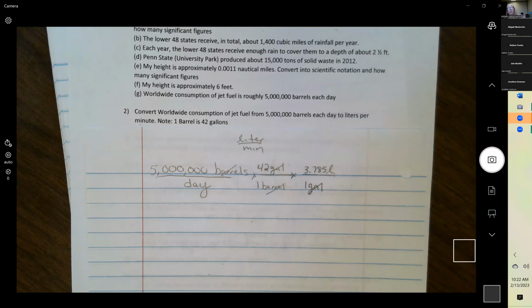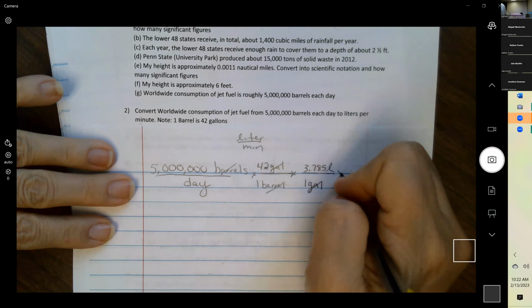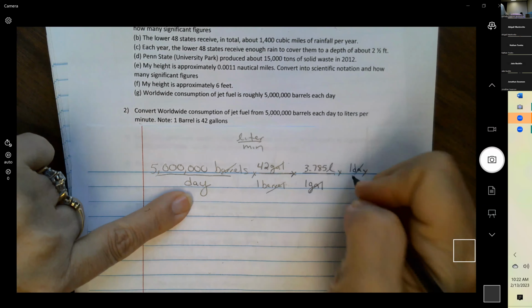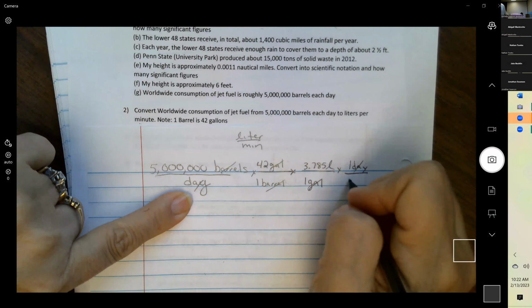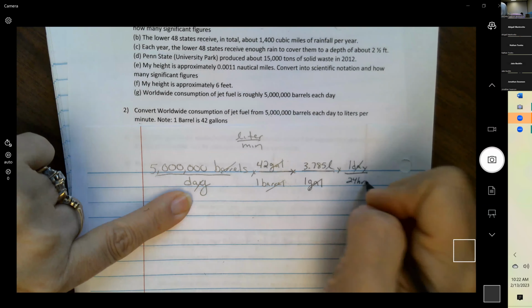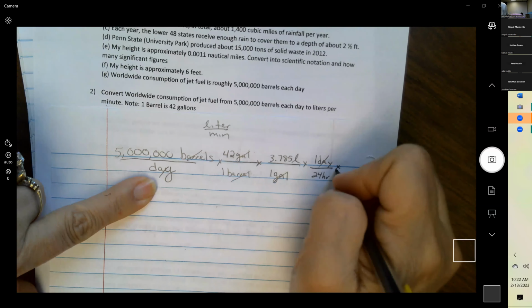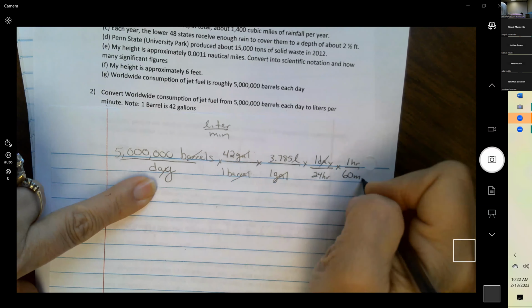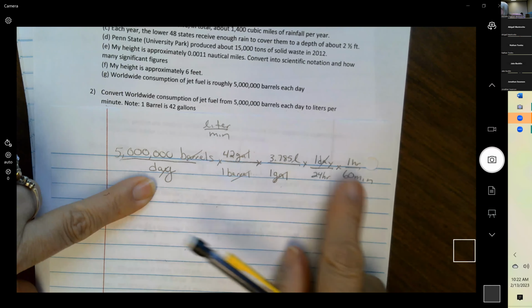Now I have liters. I need to get days to minutes. I know that 1 day, and this day is on the bottom, so I need a day on the top to cancel. 1 day is 24 hours. And 1 hour is 60 minutes. Now I have liters per minute.